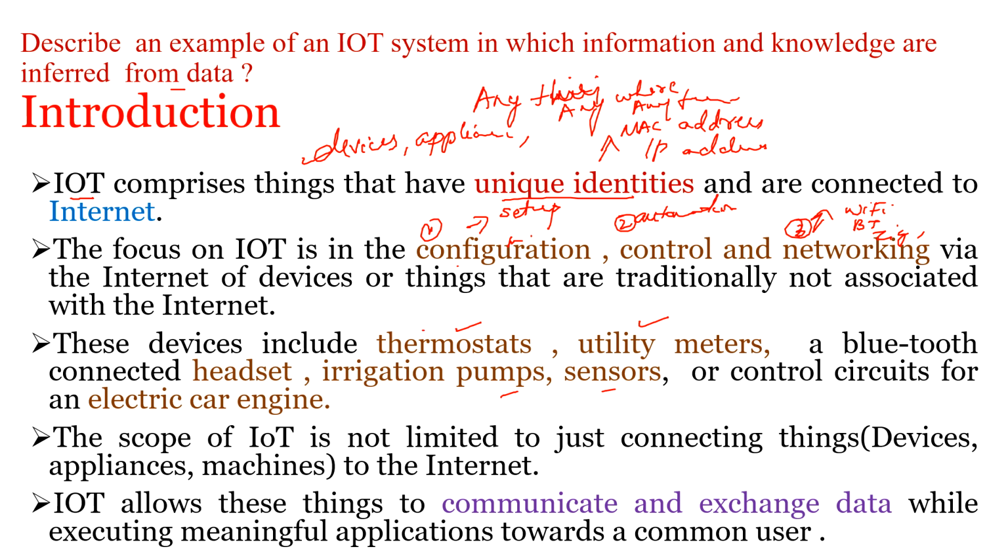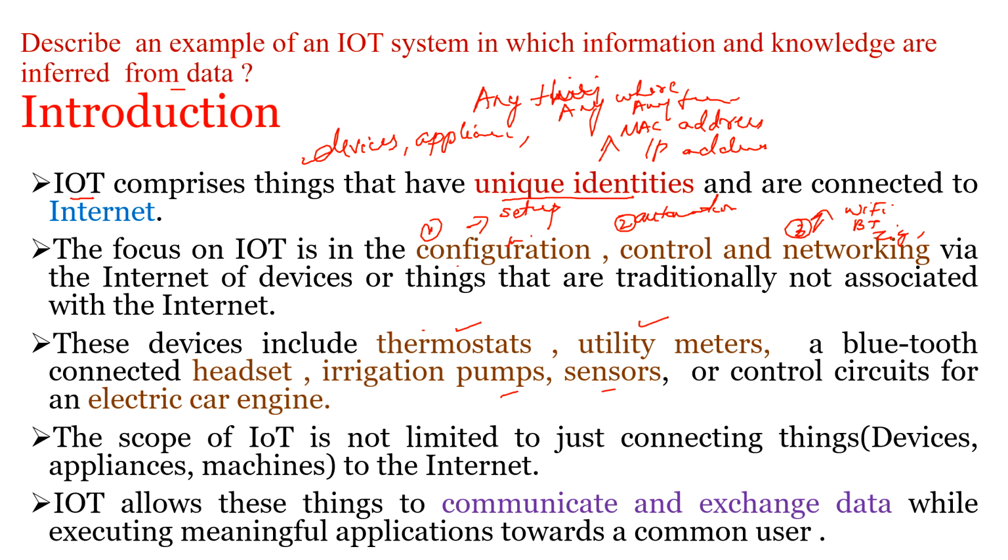So what are thermostats? Thermostats, for example Google Nest, monitor the home temperature remotely and control the heating and cooling systems via smartphones, tablets, or voice assistants. Utility meters include smart electric, gas, or water meters.